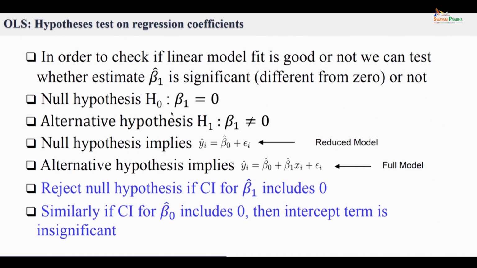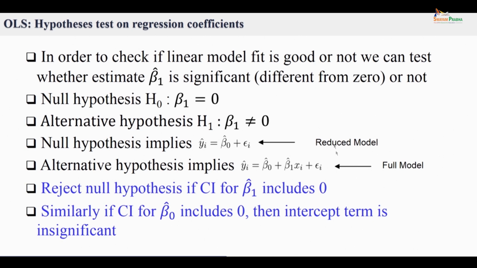This hypothesis test can also be reinterpreted: the null hypothesis beta 1 equal to 0 means we are only fitting y_i equal to a constant, whereas if we reject the null hypothesis, then we are fitting a linear model with beta naught and beta 1 present. So, the null hypothesis represents the fit of a reduced model which involves only a constant, whereas the alternative hypothesis implies that we believe there is a linear model that relates y to x.